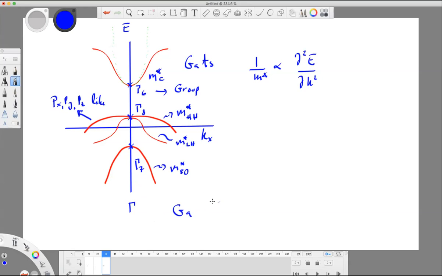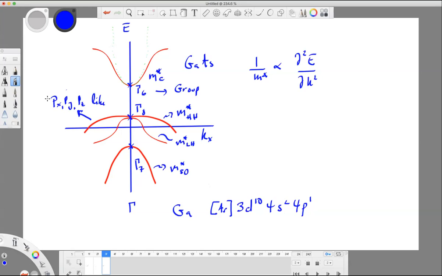gallium is going to be the argon structure deep into the levels, and then beyond the argon structure, we're going to have a 3d10, a 4s2, and a 4p1. So again, these levels are going to be hybridizing. You see that the topmost filled level is going to be p-like.